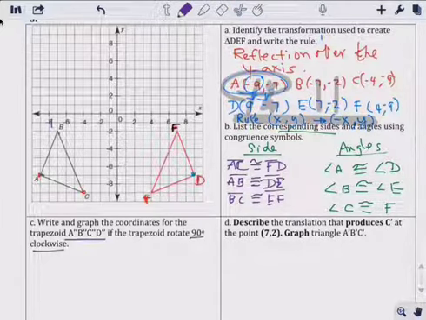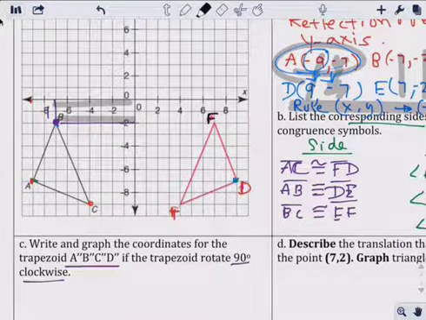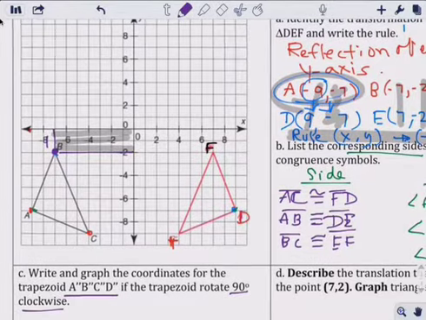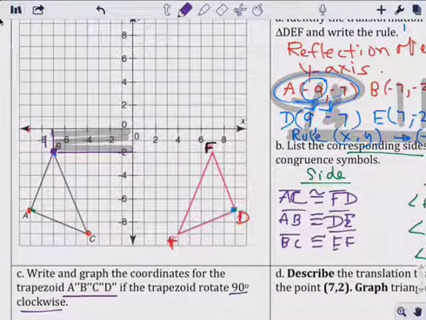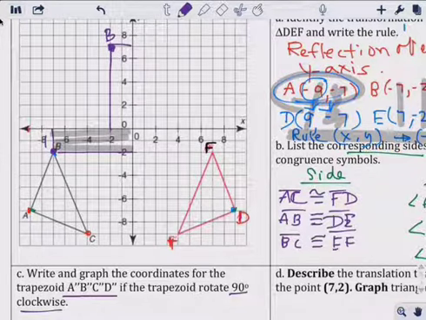I'll start out with letter B. Letter B is laying down, so rotation is going to stand up. It's 2, 7, so it's going to stand up 2, 7. That's letter B double prime.